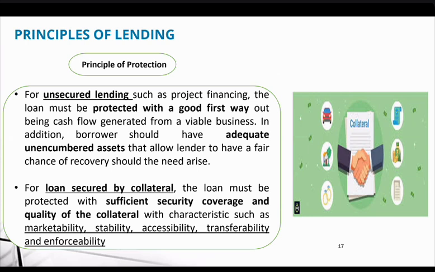They also mention if you're doing unsecured lending, you must have unencumbered assets. Encumbered means an asset that is pledged to a bank as security. Example, charge.